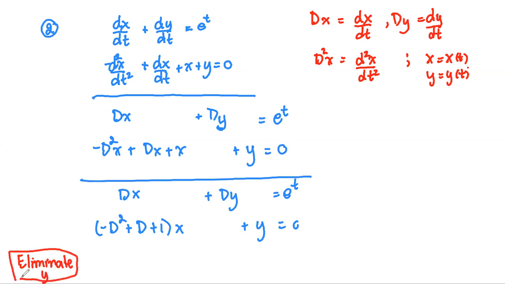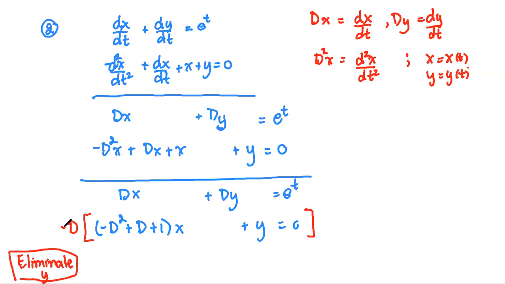To eliminate y, we have to get rid of y by making the same coefficient but opposite in sign. So the first equation, we do not do anything but just multiply the second one by the operator D with the negative sign in the front.